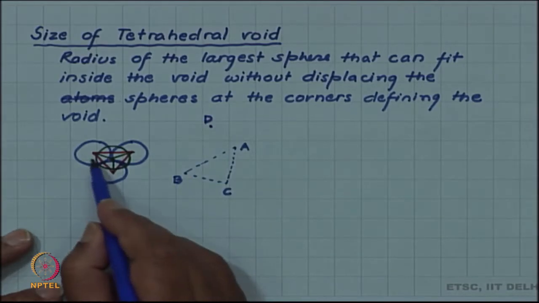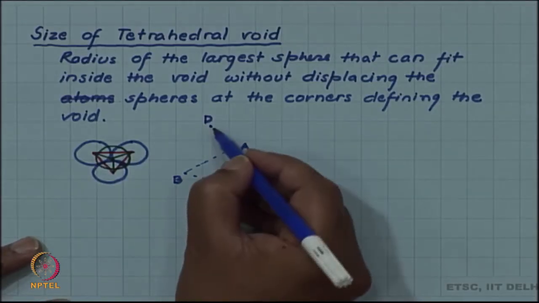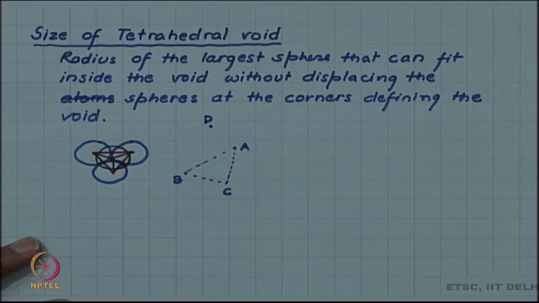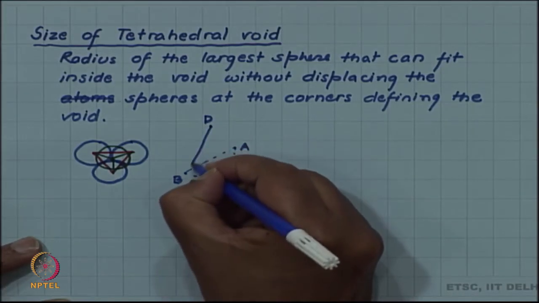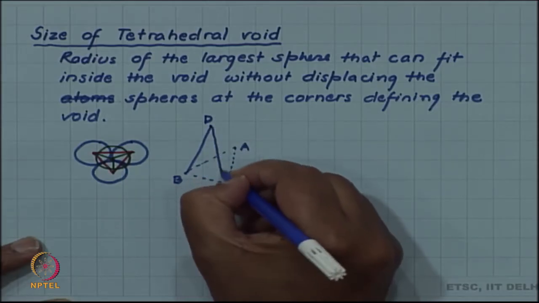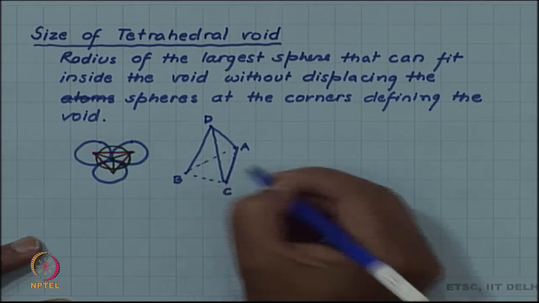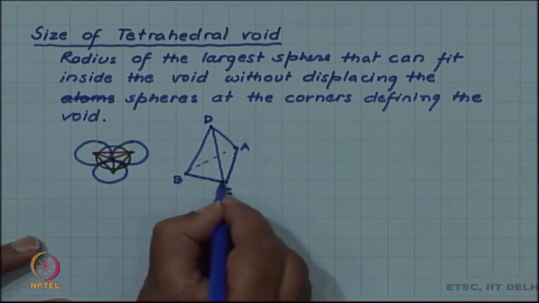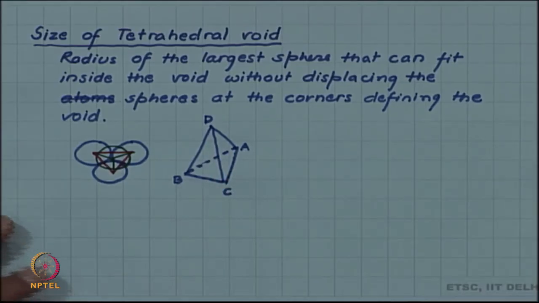So, the centers of the base spheres are A, B and C, and the center of the sphere sitting on the top is D. If I join these, this is where I get my tetrahedron.